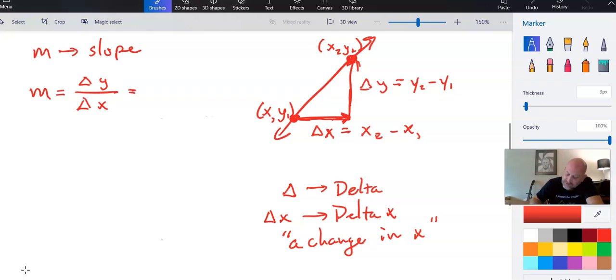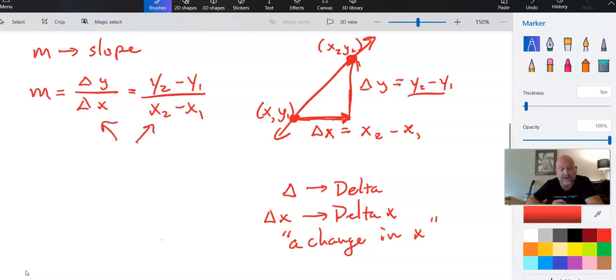If we go ahead and substitute, we've already seen that a change in y is y2 minus y1 over x2 minus x1. And so now we have a formula. And actually, both of these are formulas. Depending on the situation, you may want to use either one of them, because sometimes the change in y and the change in x are easy to see, so you don't have to do the arithmetic. You can just write them down.